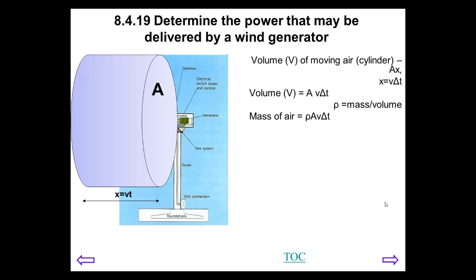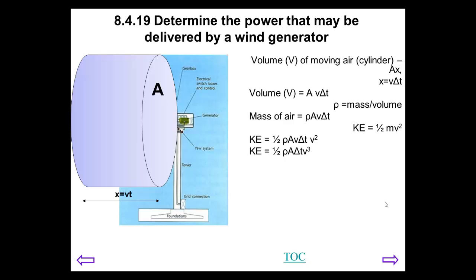We know that the volume is A v Δt, so it's going to be rho A v Δt. Now we need to know the kinetic energy of the air. The kinetic energy is half mv squared. We know the mass that's changing per second, so it's going to be half m, where m is rho A v Δt, times v squared.